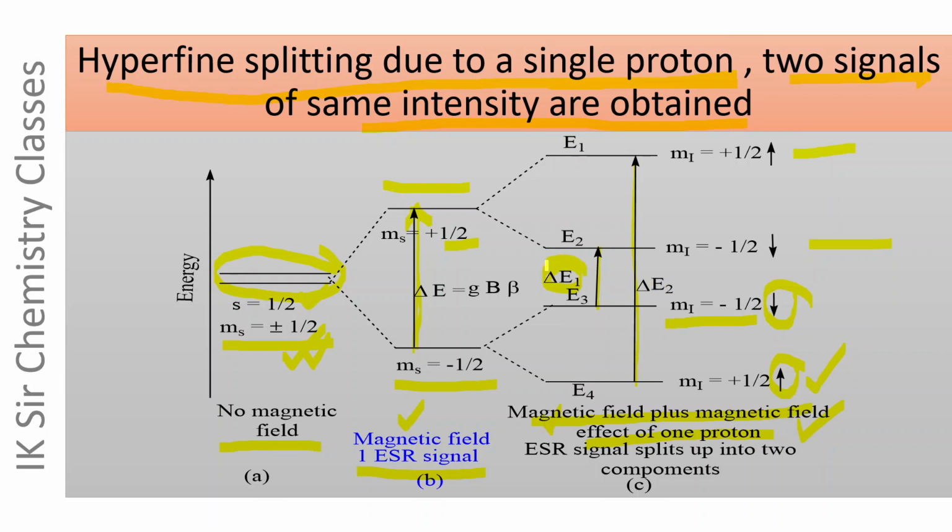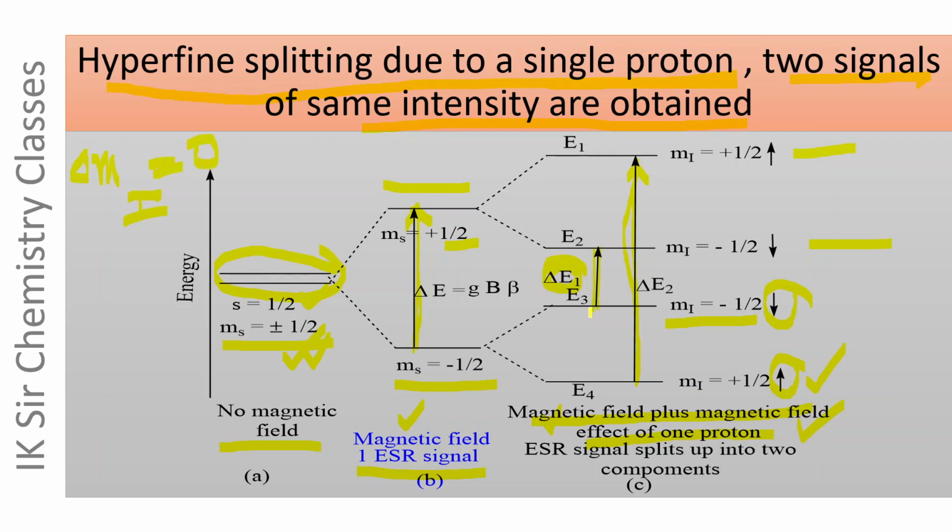This amount of energy is required for this transition while delta E2 amount of energy is required for this transition. Please note that these two transitions involve delta Mi is equal to 0.